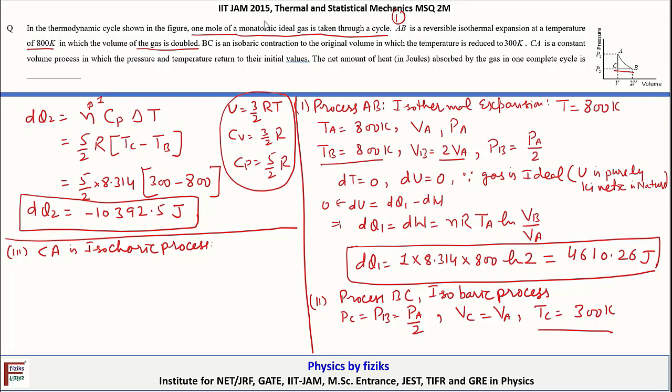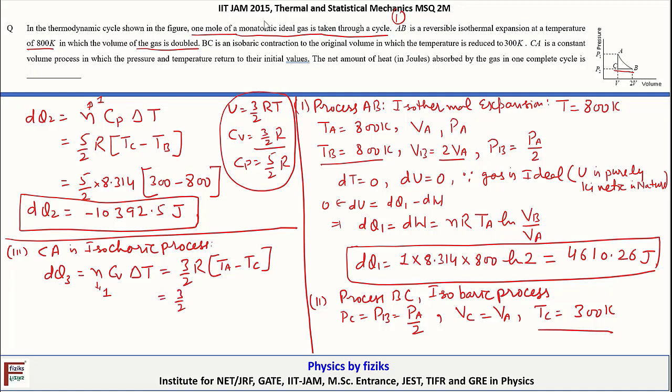Let's say the corresponding heat exchange is dQ3, given by n Cv delta T. Because it is 1 mole of an ideal gas, n is 1, and Cv is 3 by 2 R. Delta T will be the temperature at point A minus the temperature at point C, that is, the final temperature minus the initial temperature.